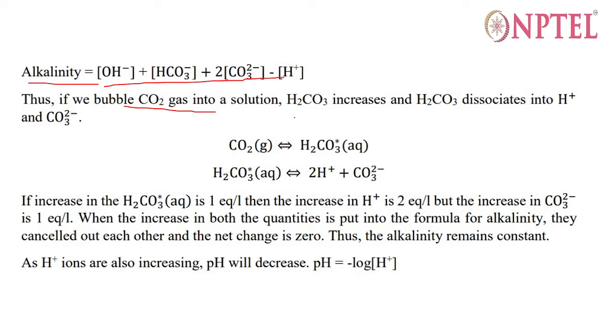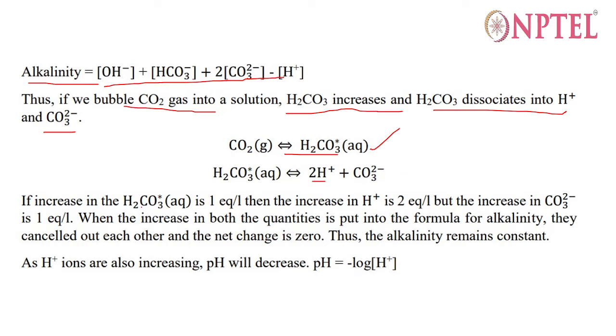H2CO3 concentration will increase, and H2CO3 will dissociate into H plus and CO3 2 minus ions. So this is the equation: CO2 gas is converting into H2CO3 aqueous, and this H2CO3 is dissociating into 2H plus and CO3 2 minus.